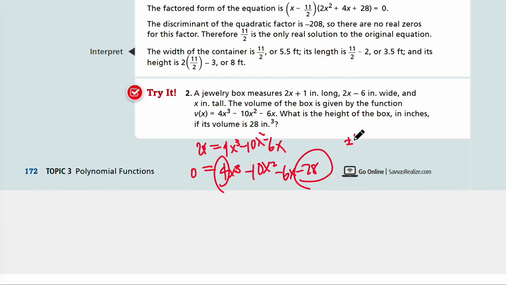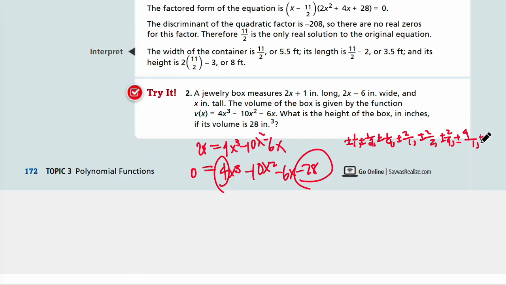Let's start with plus or minus 1 over 1, plus or minus 1 over 2, plus or minus 1 over 4, plus or minus 2 over 1, plus or minus 2 over 2, plus or minus 2 over 4, and then what's the next one? No, not 3, 4.